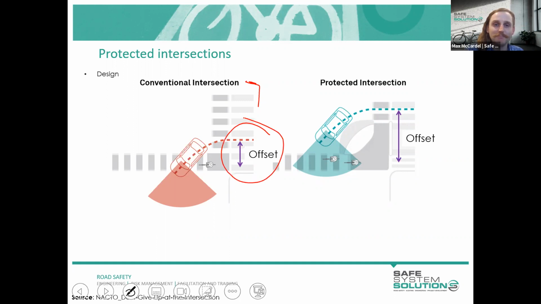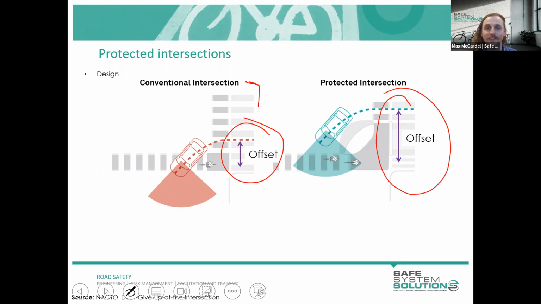And this means there's actually minimal offset between where that left turn traffic lane is and where the bicycle lane is. A protected intersection creates a wider offset. So it increases the distance between our bicycle lane and our left turn traffic lane.